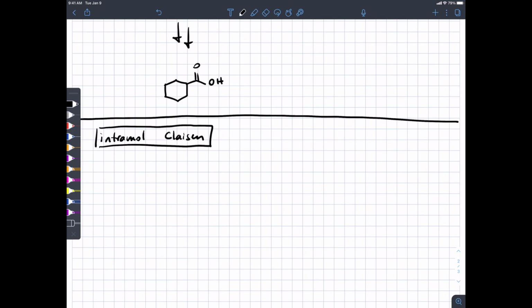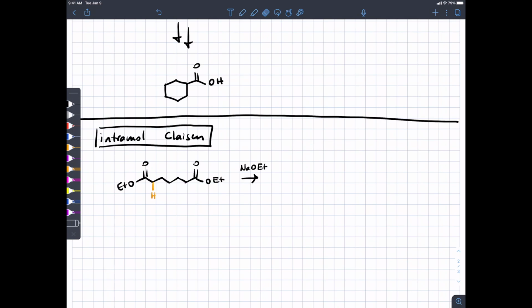The idea is that if I have a diester with the right number of atoms between the esters on either end of the molecule, and the molecule I've chosen is symmetrical, so we don't have to worry about whether this alpha proton comes off or this alpha proton gets removed by our base because they're identical.